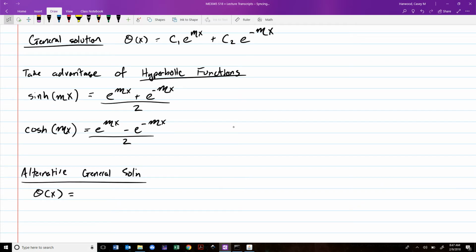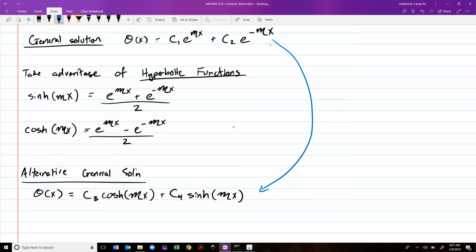Theta of x is equal to, we'll go ahead and say C3 cosh mx plus C4 sinh mx. So we've got these two versions of our general solution, and they're actually completely equivalent.